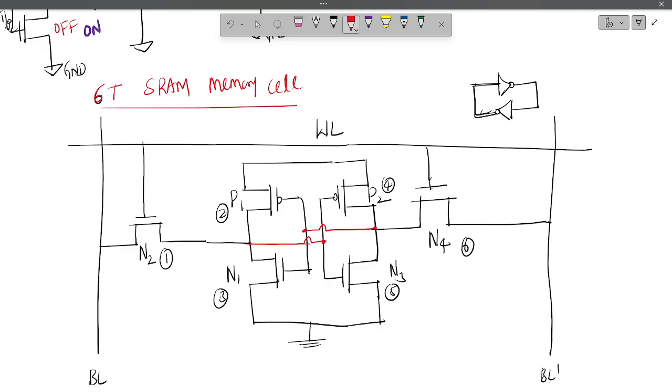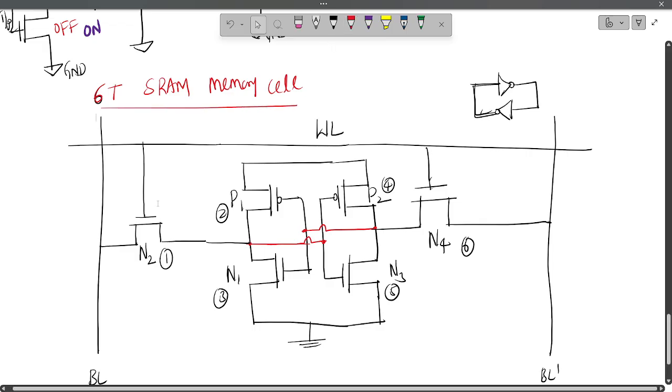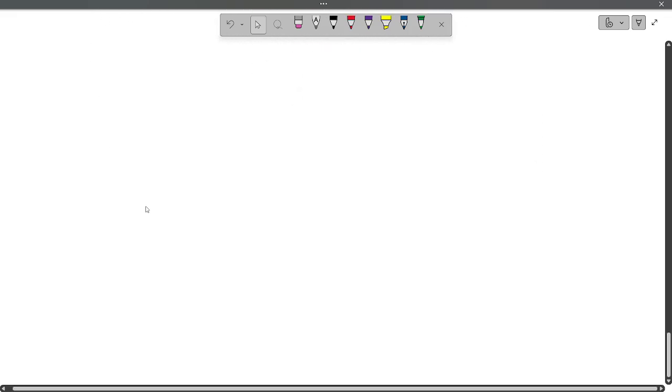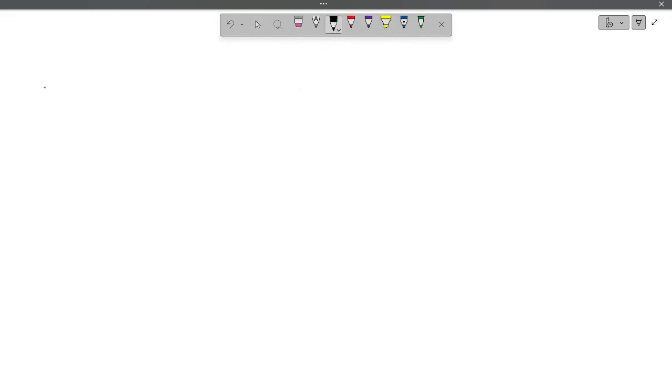Okay, and coming to the DRAM, DRAM means what? Dynamic RAM, no? Whatever binary data is there will be stored.